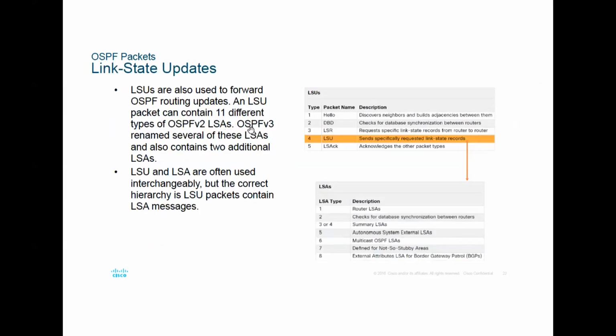OSPF version 3 renamed several of these LSAs and also contains 2 additional LSAs. LSU and LSA are often used interchangeably, but the correct hierarchy is that an LSU packet contains LSA messages. Okay, like this example.